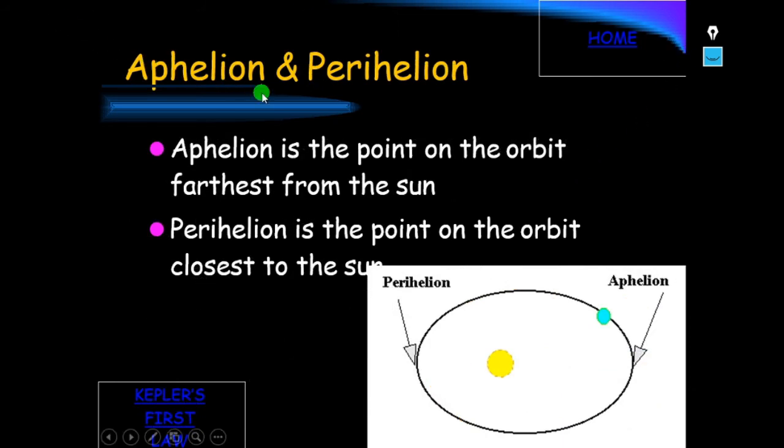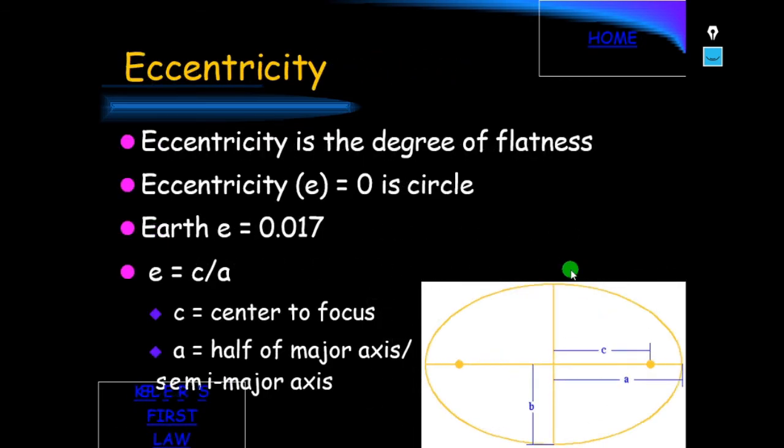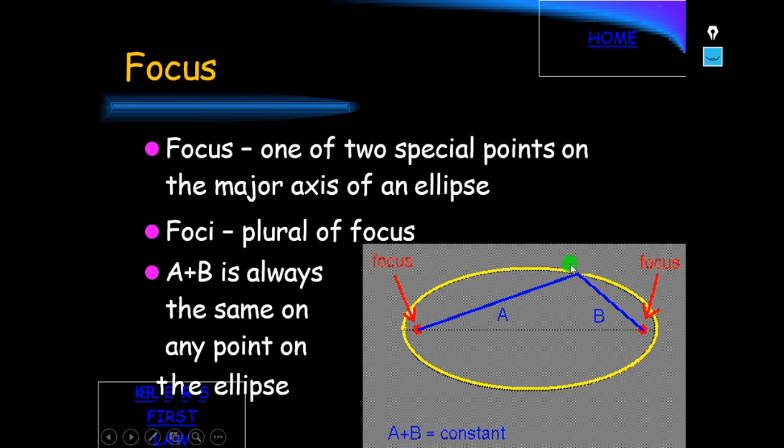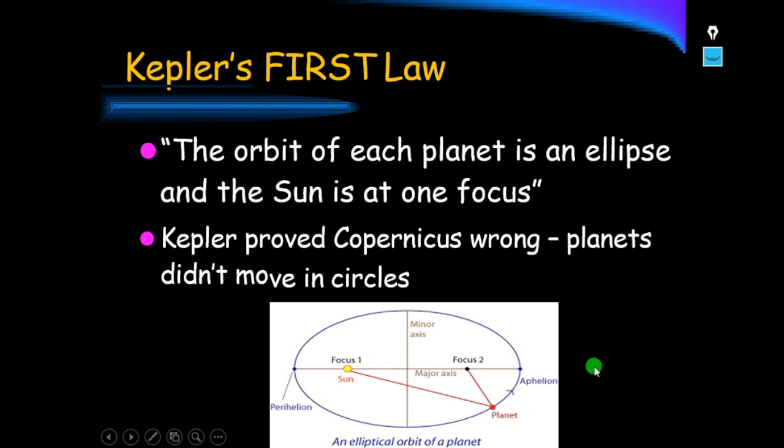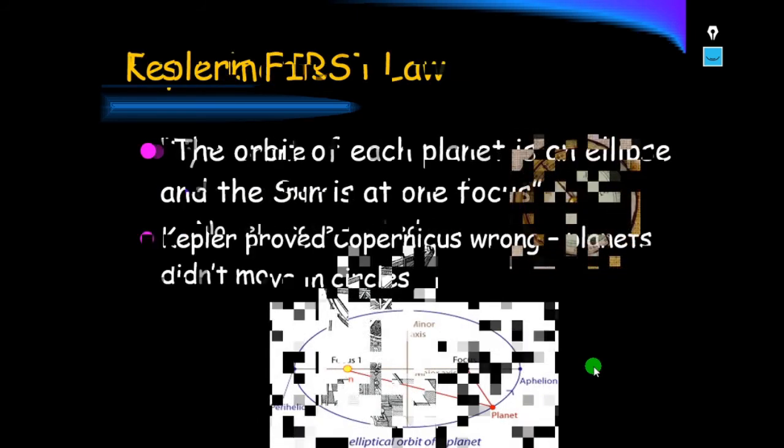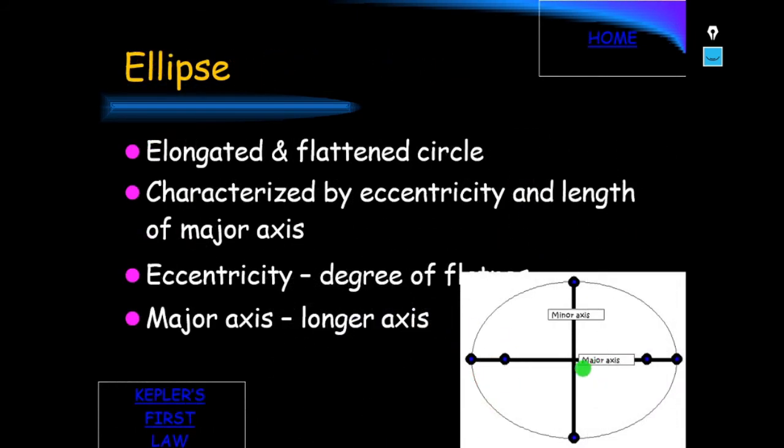Now two more new terms we have to learn: aphelion and perihelion. What is aphelion and what is perihelion? Aphelion is the point on the orbit farthest from the sun. As I have told you in the above figure, let us say these are the two focal points, or foci.